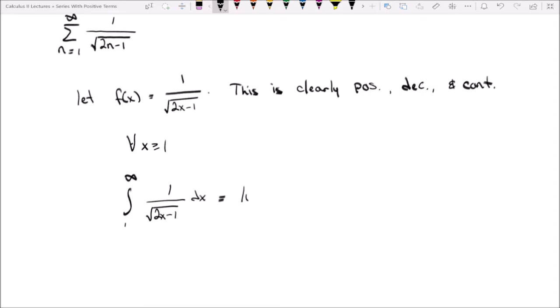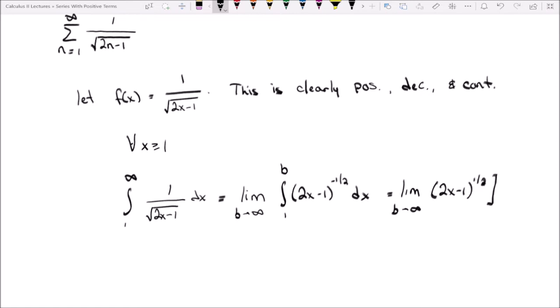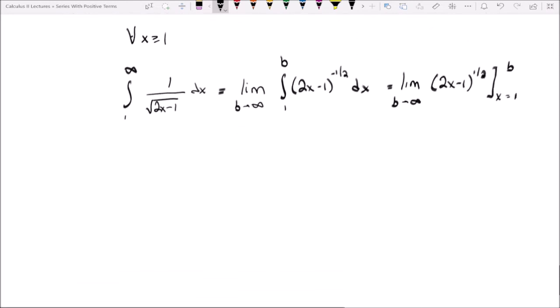Right, so recall that this would be the limit as b approaches infinity of the integral from 1 to b. And let's write it this way. All right, so that antiderivative would just be 2x minus 1 to the 1/2 power. That gets evaluated. X goes 1 to b.